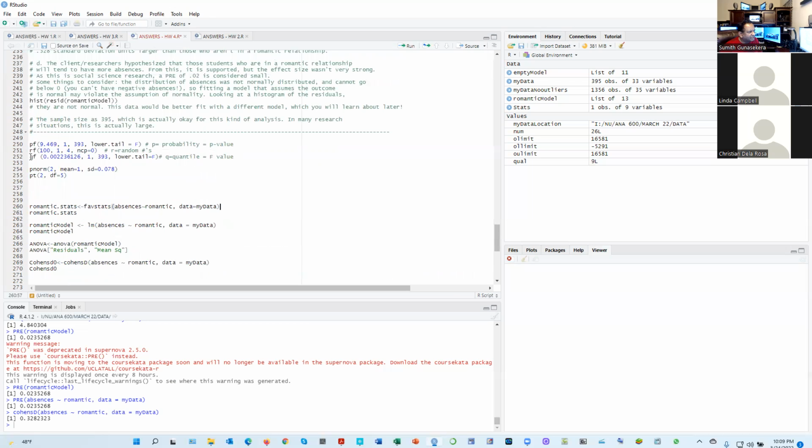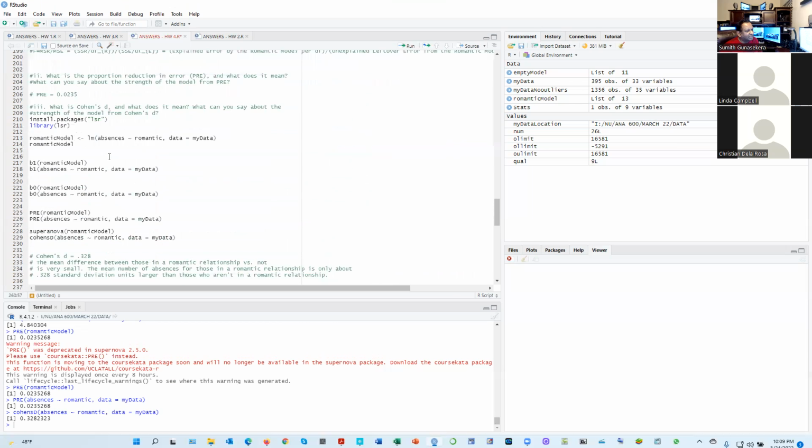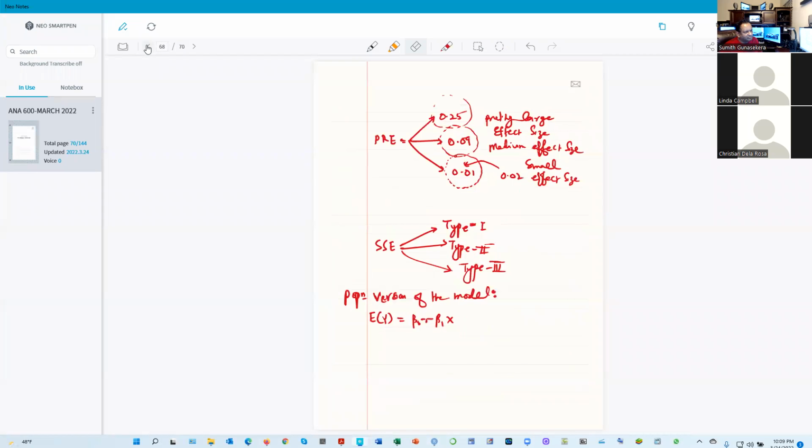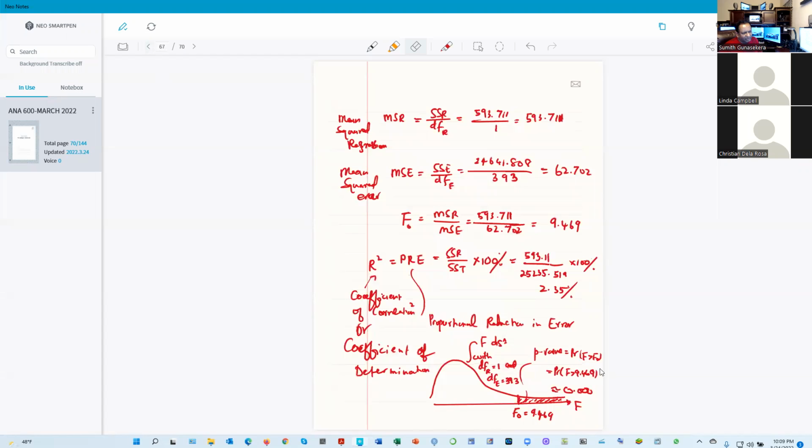The F function, see, we know the probability of that one. This is the way to get the probability of getting 9.469. This is what I was showing over here. You don't have to, but this is how I'm going to do it.